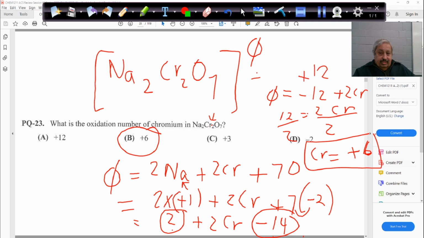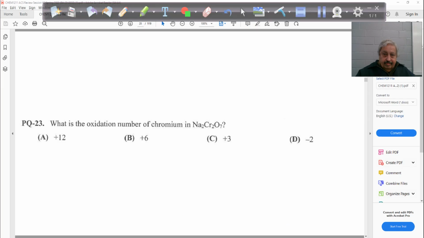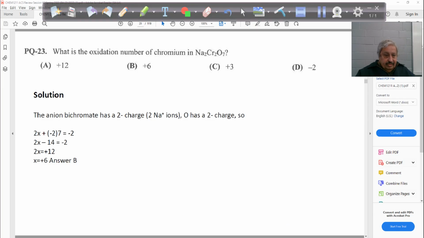They cancel on one side, and here will come 12. Then divide by 2, so the answer is plus 6. Plus 6, that's correct.